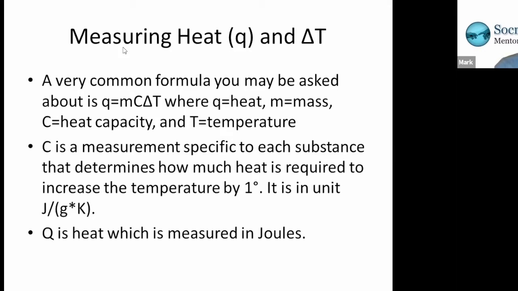You can get this from the name heat capacity as well. How much heat can this substance hold before it changes temperature, before it gives up and changes temperature by 1 degree, right? Higher heat capacity can absorb a lot of energy, can hold a lot of energy before it changes temperature. Low heat capacity is not. Anything with a low heat capacity is a very good conductor of heat.